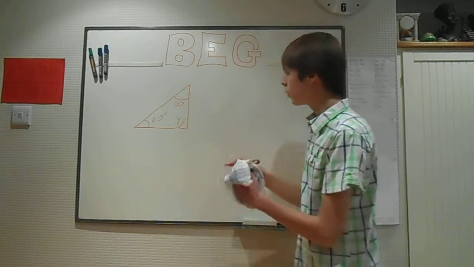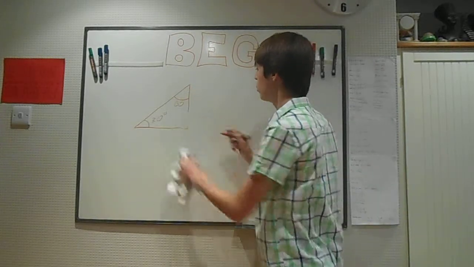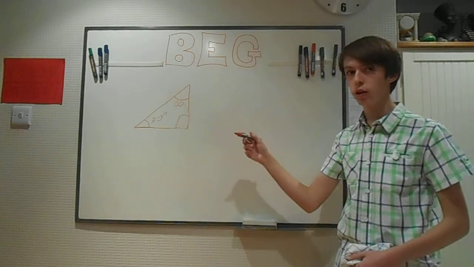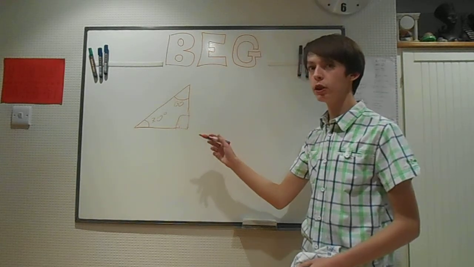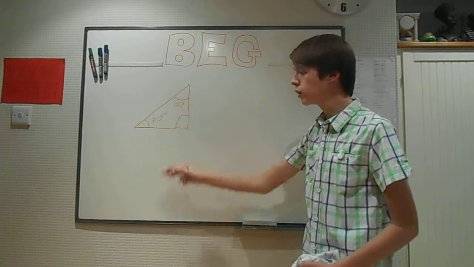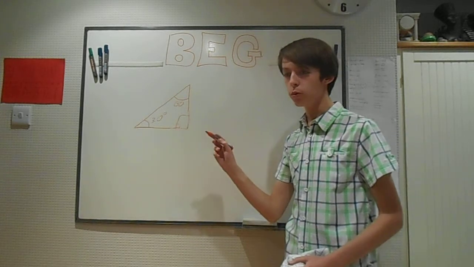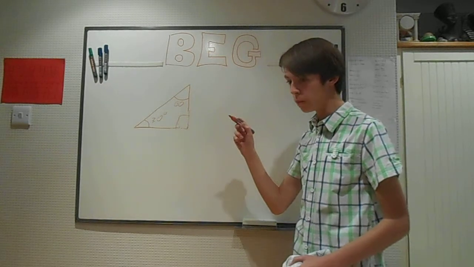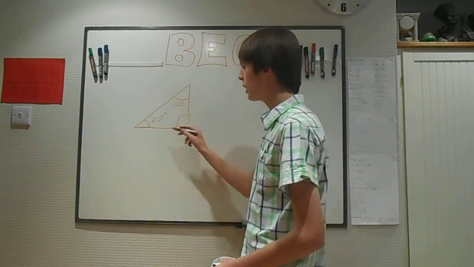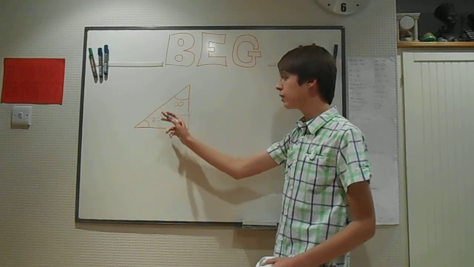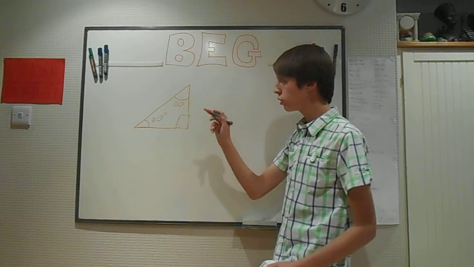Now that we know it's a right angled triangle, what can we do with it? Because we know it's a right angled triangle, this allows us to do some calculations in terms of lengths of the side. There's a very interesting rule with triangles called Pythagoras' theorem. This is basically that this side squared is equal to this side squared plus this side squared.